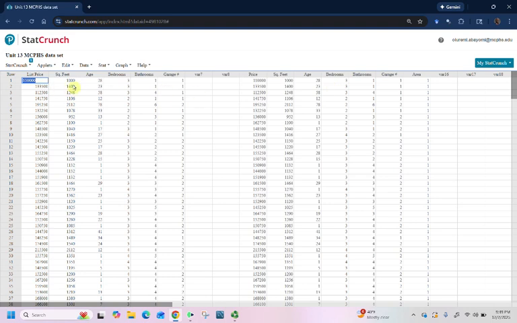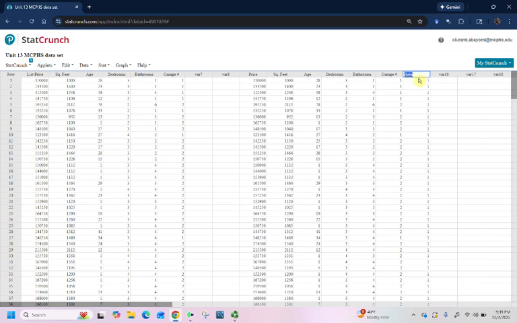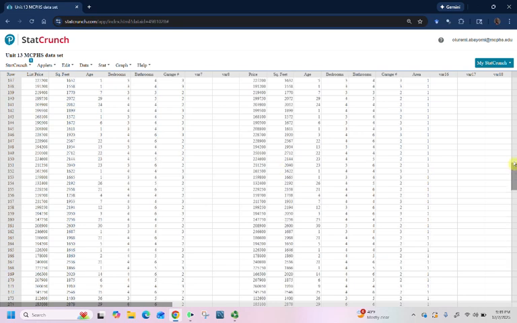You will notice that I have just about the same data over here, but this time I have included a new variable called area. I have set it to 1 if the house is located on the foothills, and if you scroll all the way down, area is equal to 0 if the home is not on the foothills.